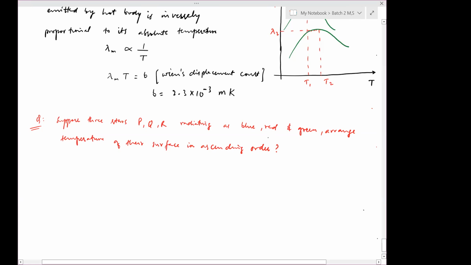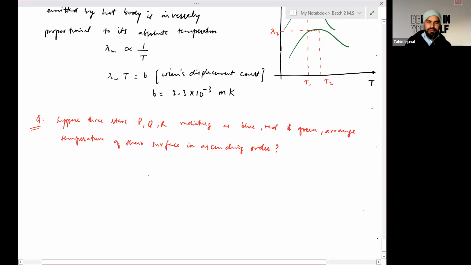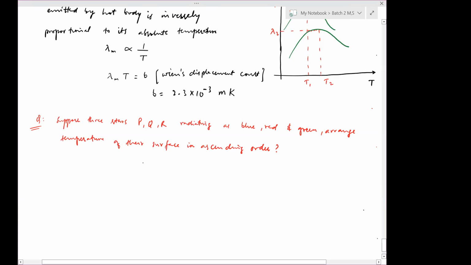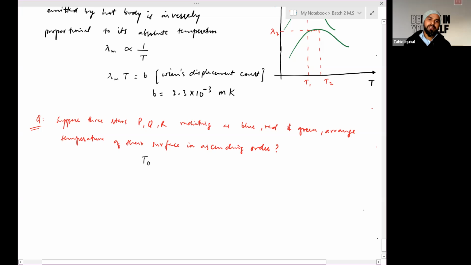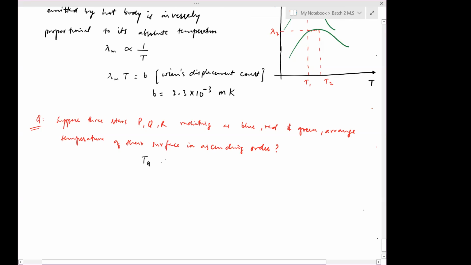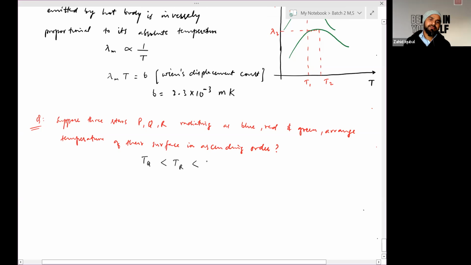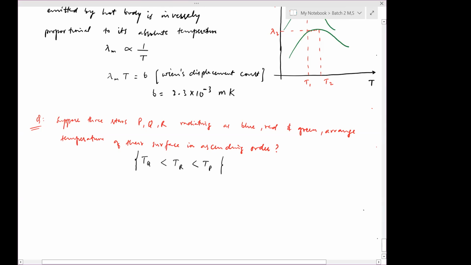It's red. And red corresponds to which star? Q. So the temperature of star Q will be the least. The next, green, and then blue, P. Is it clear, Asma?